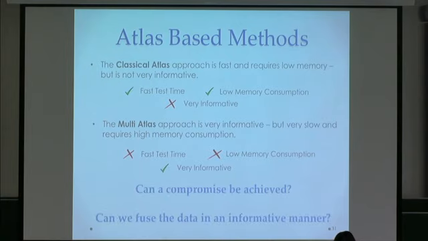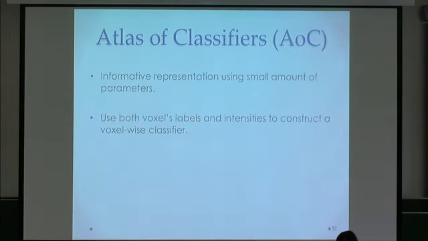So can we do a compromise? In order to do that, what we propose is a new form of atlas that we term the atlas of classifiers. The main aim is to store less data, do less work during test time, and at the same time be more informative.